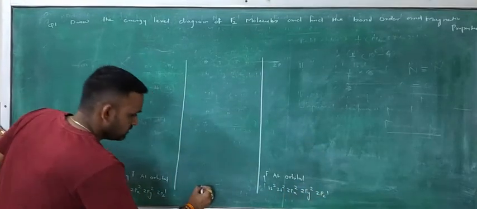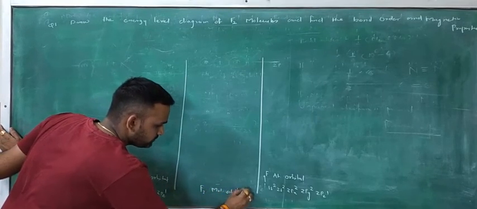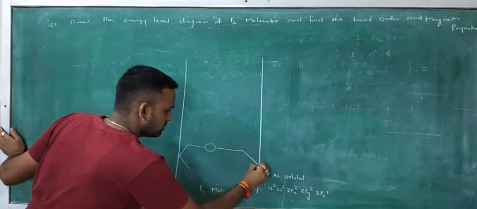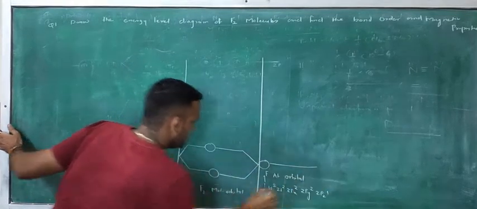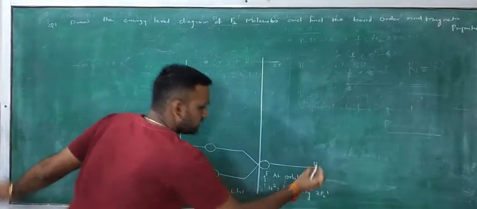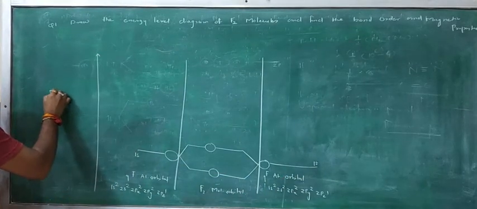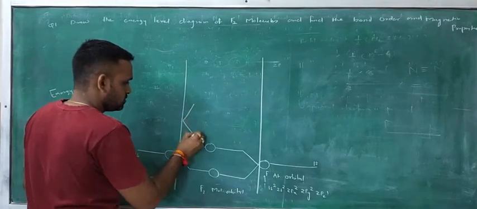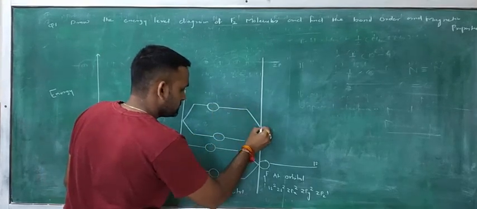Now here F2 is the molecular orbital, right? So first it comes 1s, here there is a 1s, down here 1s, here also 1s. Then comes 2s, and this is the energy axis; here you can write energy.